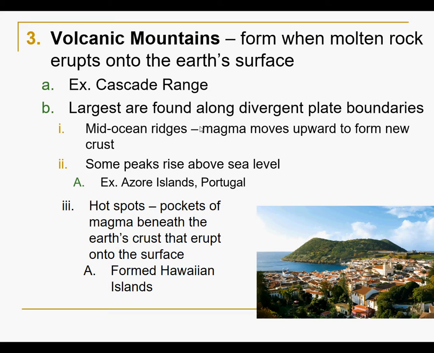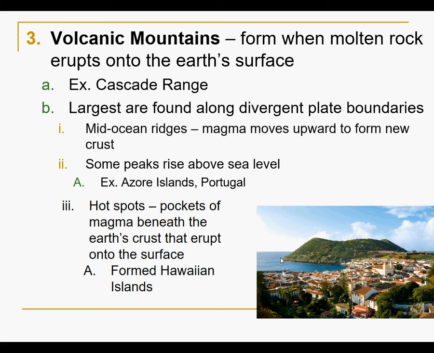Hotspots are pretty cool. When we have volcanic mountains, basically lava comes up and it then hardens, right? So it moves up, hardens, moves up, hardens. And so a lot of times what happens is we see magma solidifying and the crust underneath it moving forward. So we see like the Hawaiian Islands.